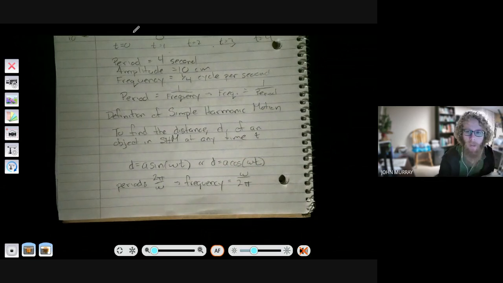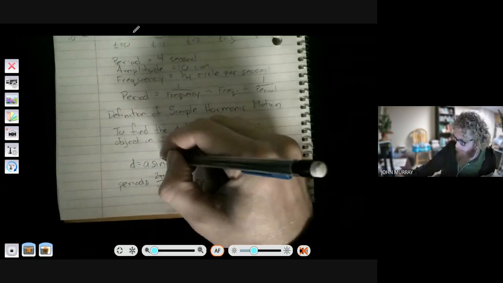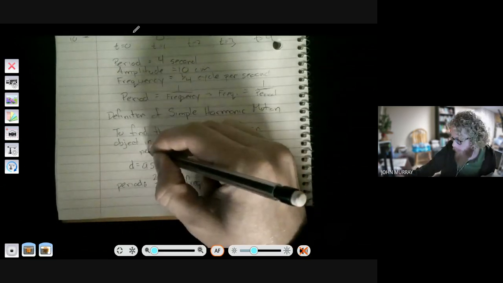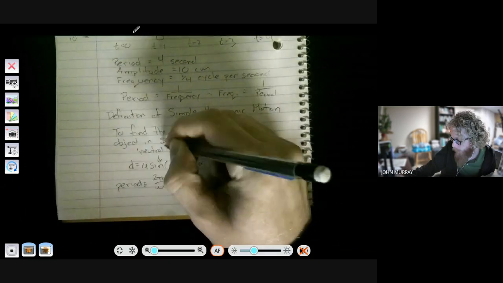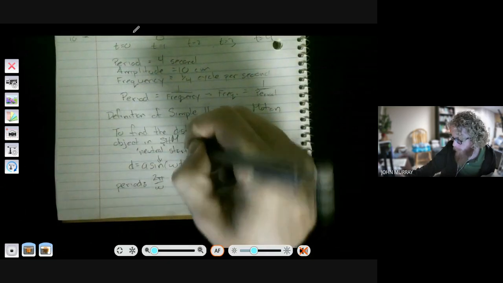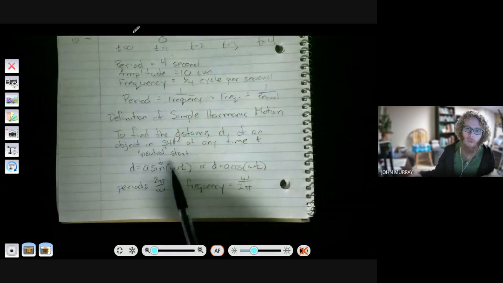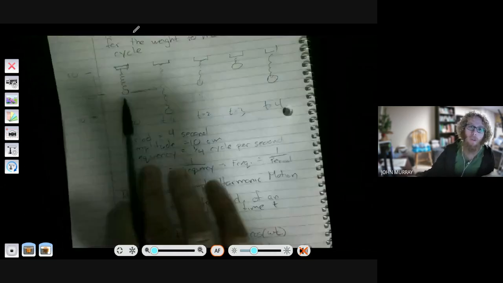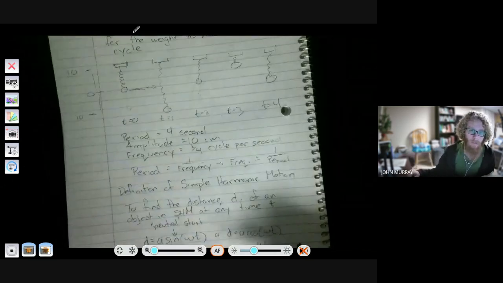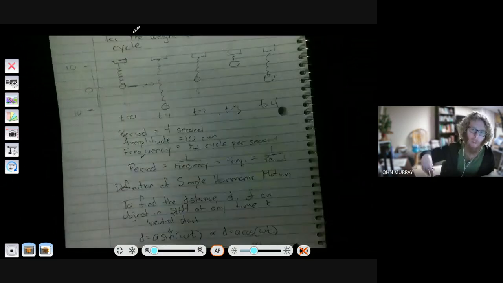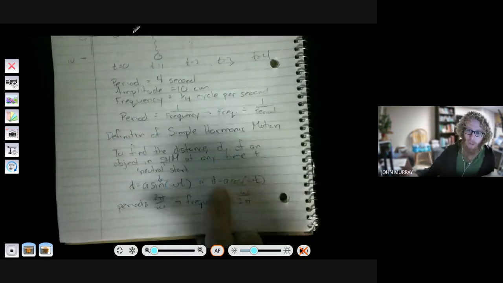Now, we choose between sine and cosine depending on how we start the problem. If we start here, we have a neutral start, which is what we saw. So we start in the middle, and then I pull down and it goes up and down.